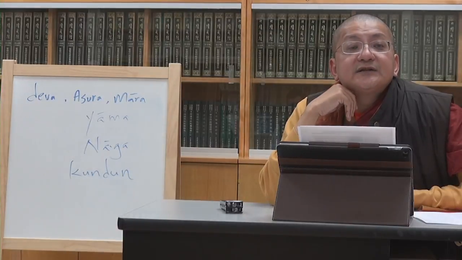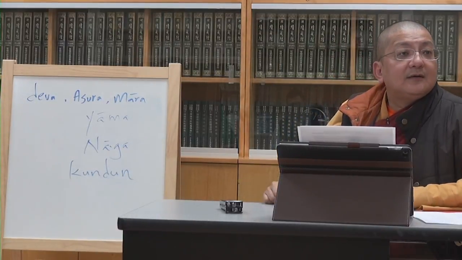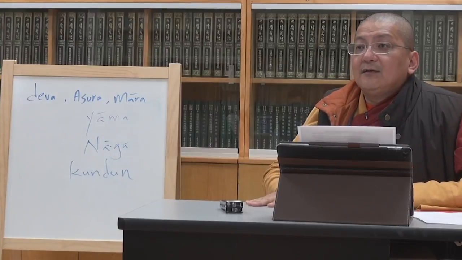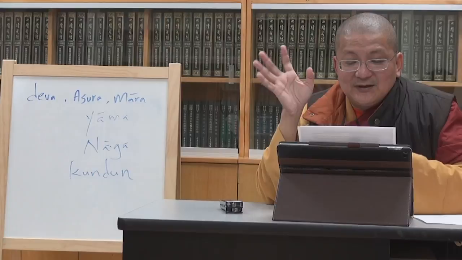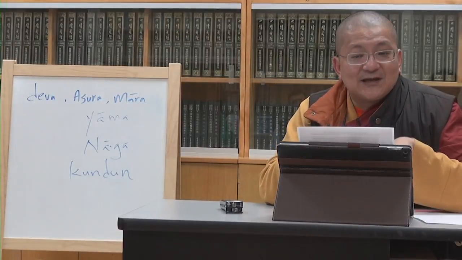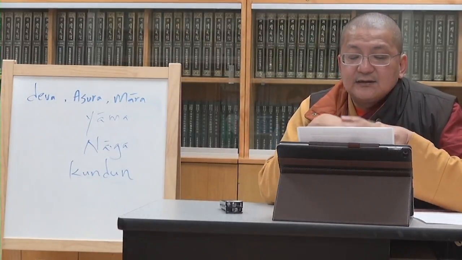That is, the five aggregates are suffering. Have you heard that? I'm sure lots of people have questions, but we can ask later. It's best to discuss this a little more if we want to. Now, just come to the next one.